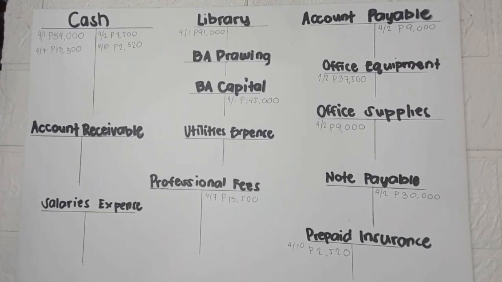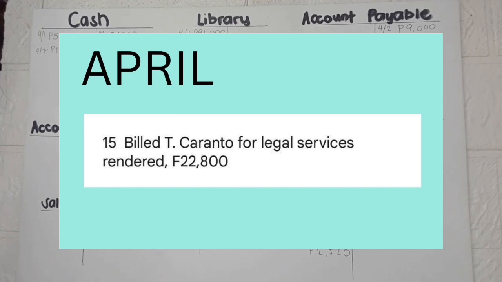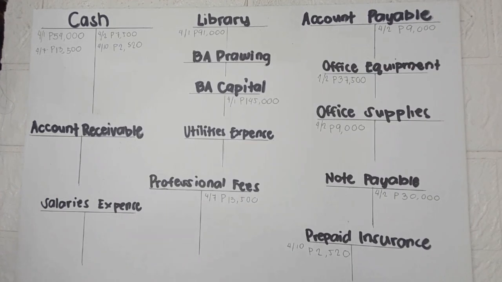On April 15, billed T. Caranto for legal services rendered, 22,800. So the account titles will be accounts receivable and professional fees. For accounts receivable, the 22,800 will be on the debit side and the professional fees will be on the credit side.